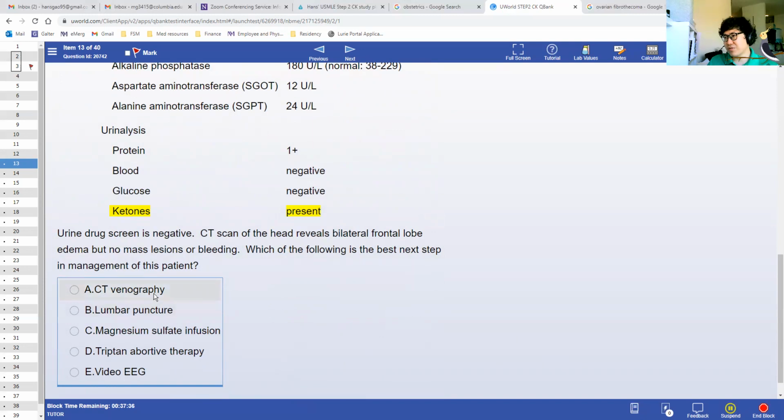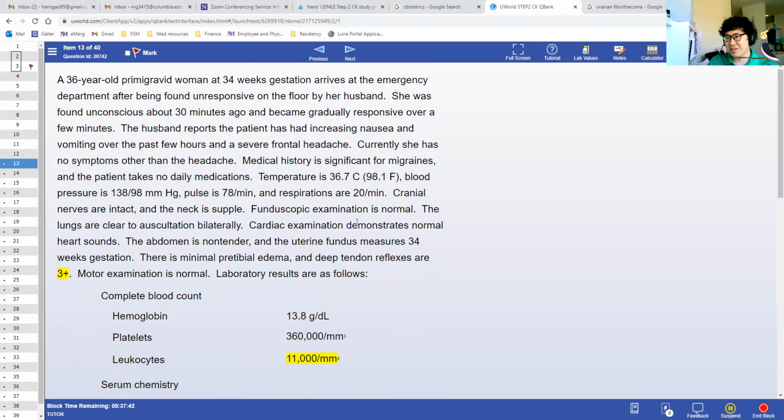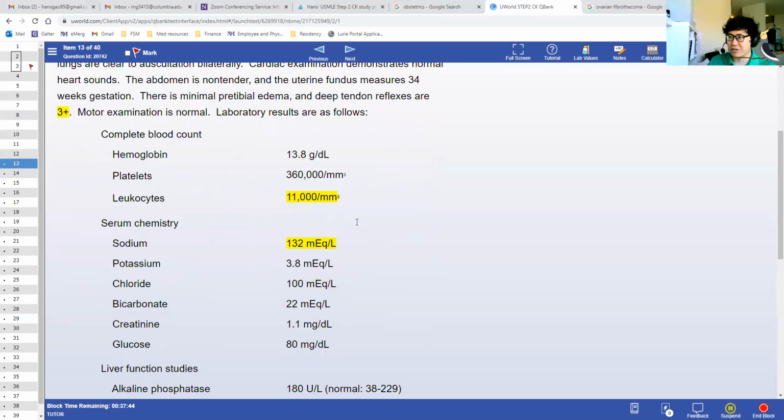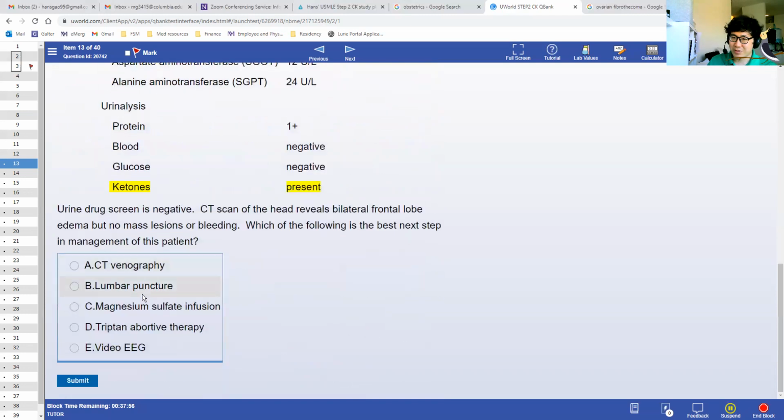Lumbar puncture, you do this if you suspect meningitis or acute bleed, like subarachnoid or something. And in this case, the neurological exam is normal, normal temperature, there's no nuchal rigidity and all that stuff. Normal physical exam, so I feel like LP you're not going to do.